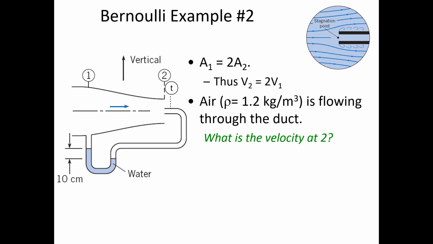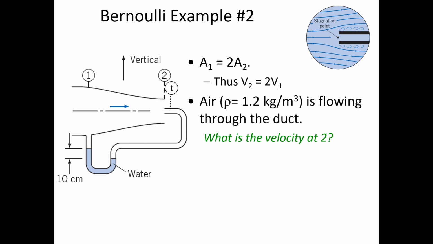Just remember from a previous slide, A1 V1 equals A2 V2, because this is a Q in equals Q out situation. So Q at 1 equals Q at 2, so A1 V1 equals A2 V2.